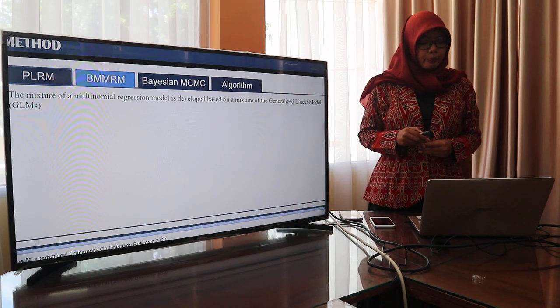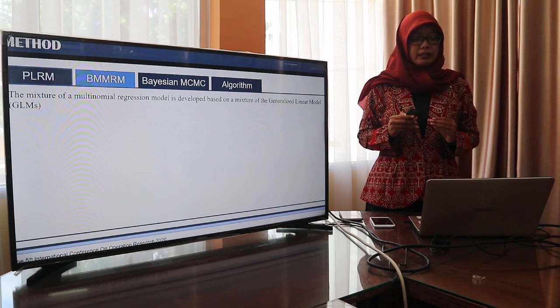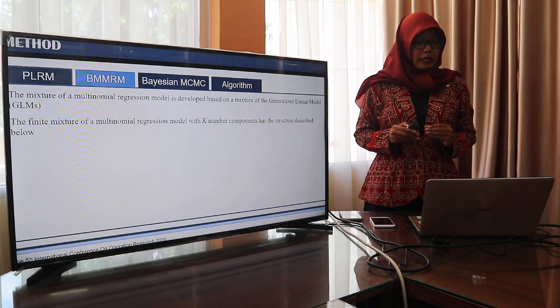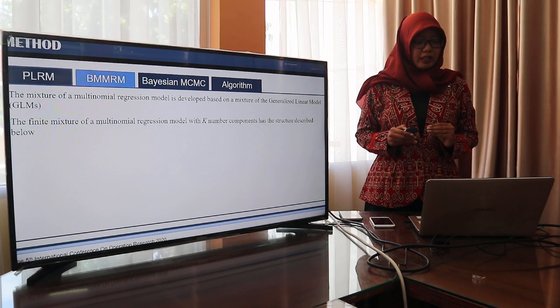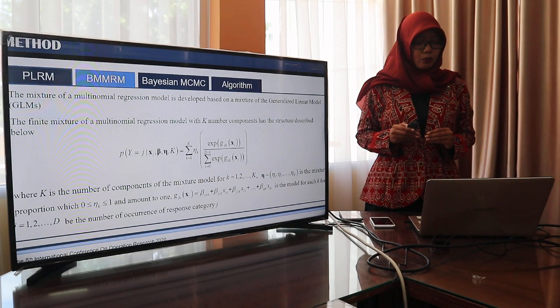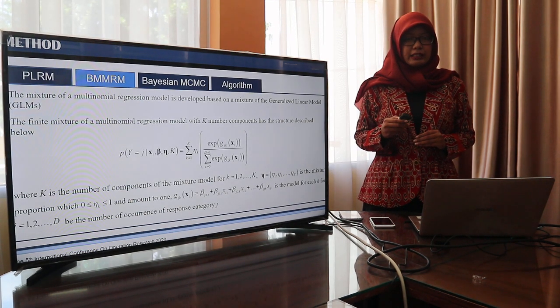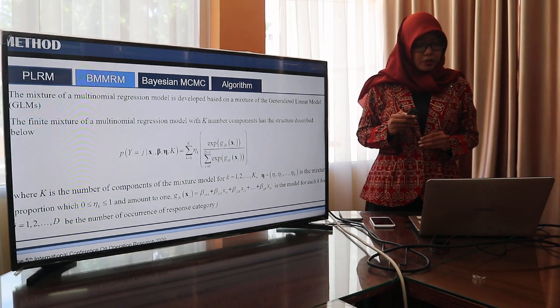The mixture of multinomial regression model is developed based on the mixture of the generalized linear model. And the model of multinomial regression has the structure described below, where K is the number of components of the mixture, and eta is the mixture proportion.